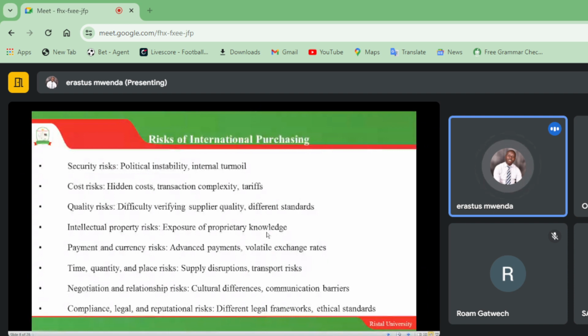The other one is time, quality, and place risks: supply disruptions, transport risks. We could have supply disruptions, like I gave an example in the previous lecture. For example, during the time of COVID, there was quite a disruption there. Transport risks are also a major issue. Countries now and then would have airspace conflict.